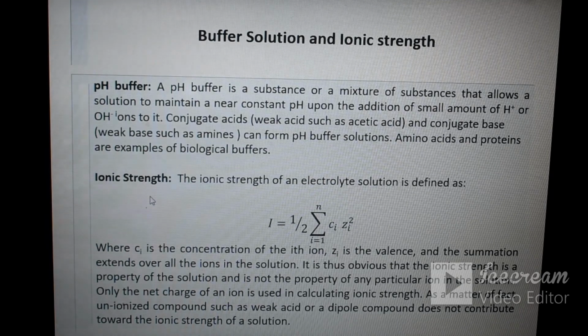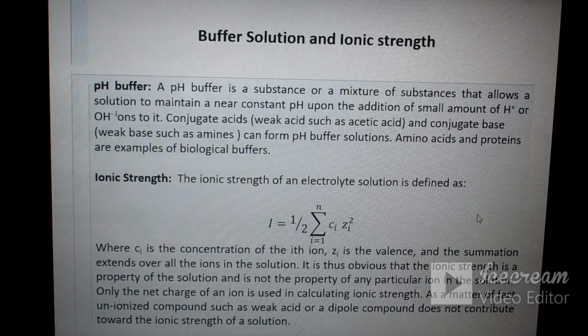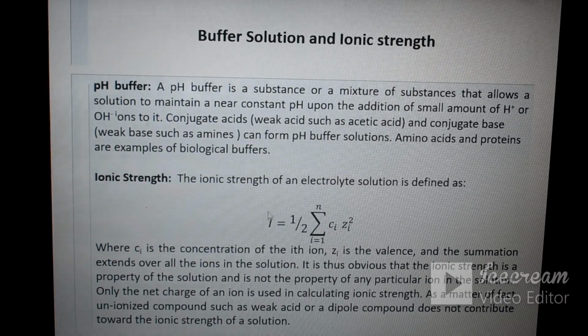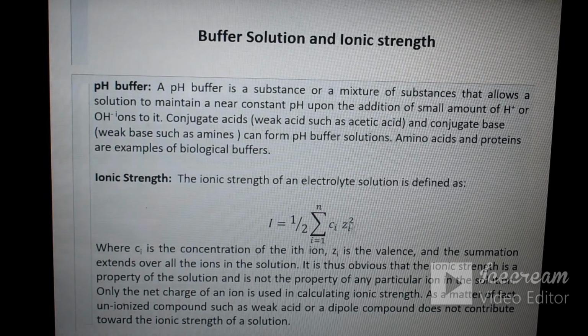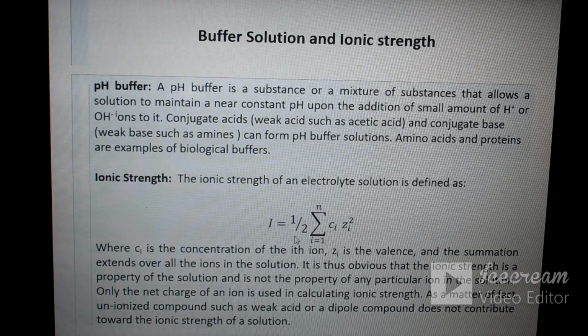Ionic strength. The ionic strength of an electrolyte solution is defined by this expression: I equals half the summation, from i equal to 1 to n, of Ci Zi squared, where Ci is the concentration of the ith ion, Zi is the valency, and the summation extends over all the ions present in the solution.